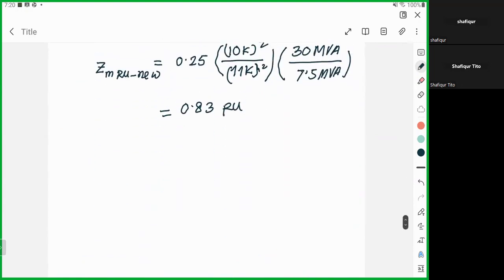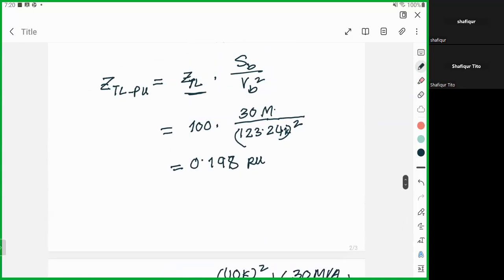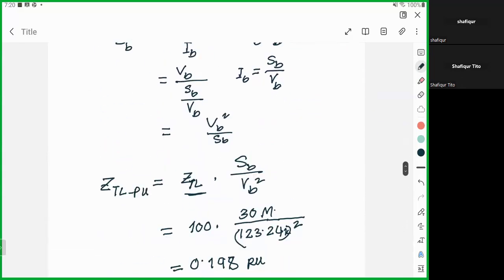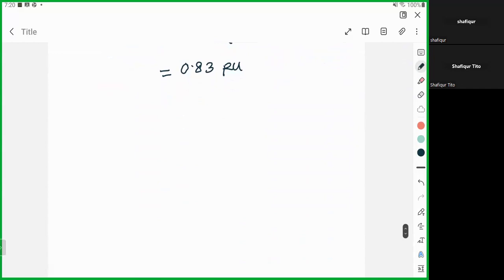That is the only difference; other than that, the per unit calculation remains the same. So that's why I thought that you would be able to do this one. Now, once we have done this calculation, we need to derive the sequential network for each of the positive sequence, negative sequence, and zero sequence, and the impedance value for each of these sequences.